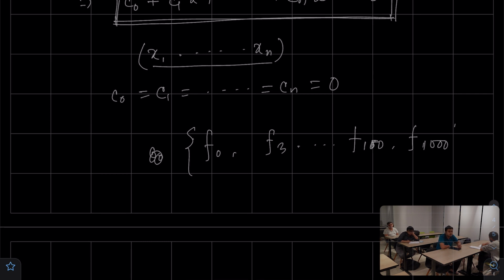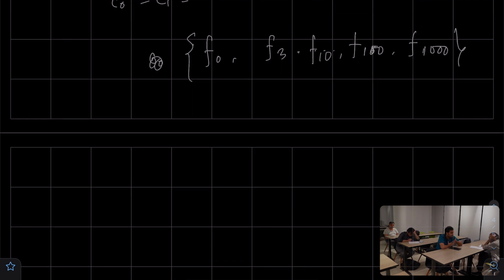You need to prove that this is also linearly independent. Then we will have 1000 solutions, maybe with a lot of zeros in the polynomial. For any arbitrary f in this set, we have the solution.